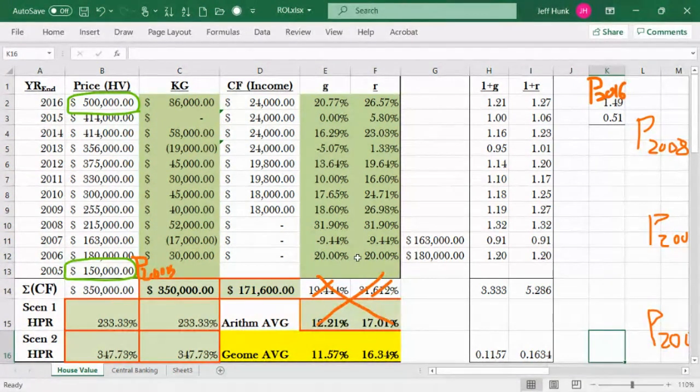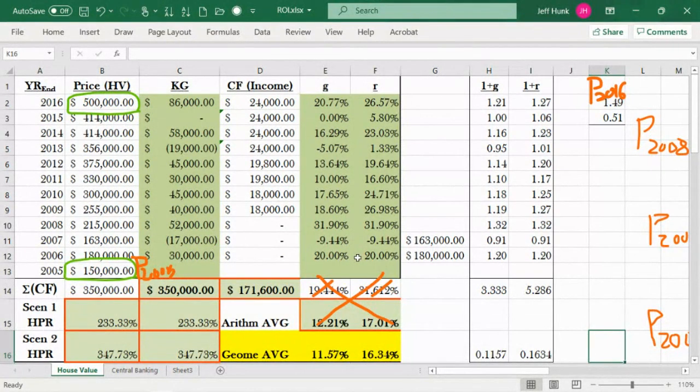Yeah, there are two possibilities when you buy a house. One, you just use it as your home, as your primary residence, and that's scenario one. Scenario two is where you rent it out.